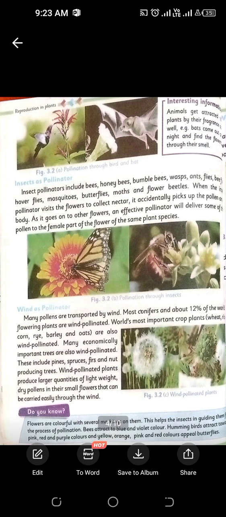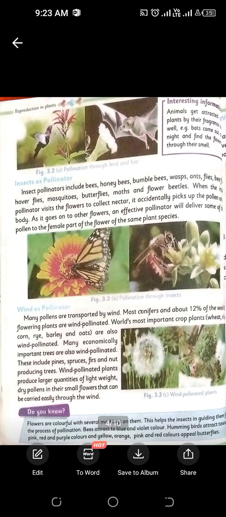Then we have insects as pollinators. Insect pollinators include bees, honeybees, bumblebees, wasps, ants, flies, and all. What basically happens is, insect pollinators visit the plants to collect the nectar and accidentally pick up the pollen grains. Okay. Wind as a pollinator.